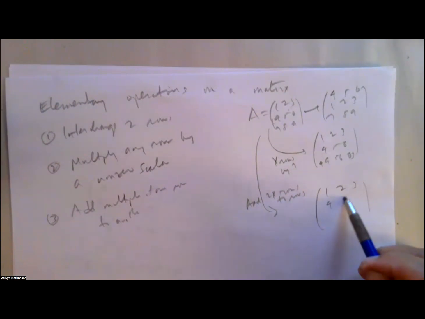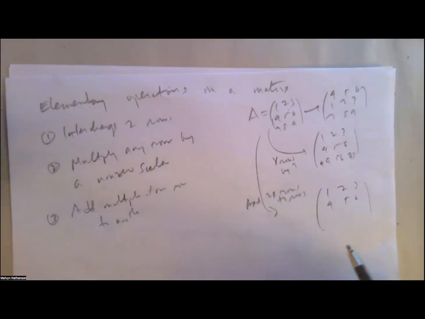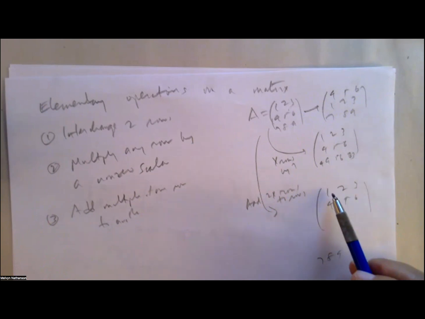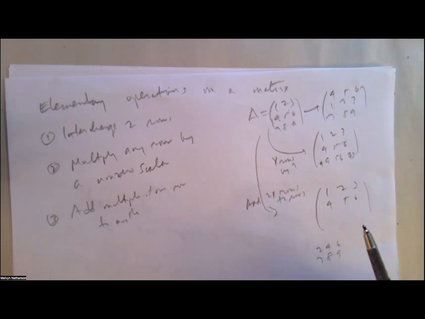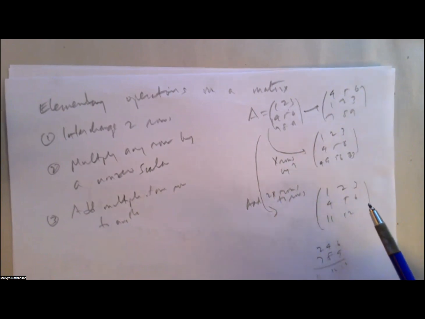The second row isn't changing. But I'm taking the third row, which is 7, 8, 9. I'm multiplying the first row by 2. If I multiply 1, 2, 3 by 2, I get 2, 4, 6. So if I add 2 times the first row to the third row, looks like I get 11, 12, 15.